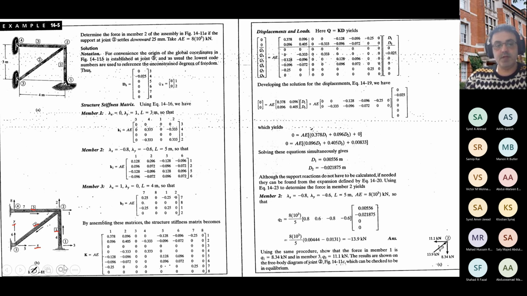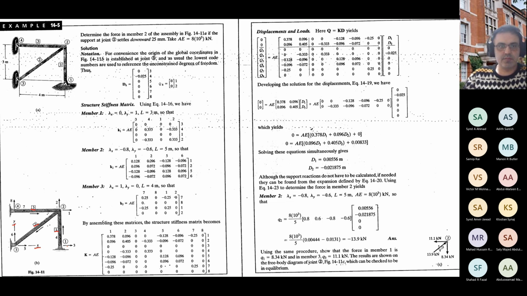And we can number the degrees of freedom as well, like degrees of freedom 1, 2, 3, 4, 5, 6, 7, 8. And with numbering the nodes, elements, and degrees of freedom, we can jump into the assemblage of the whole stiffness matrix.